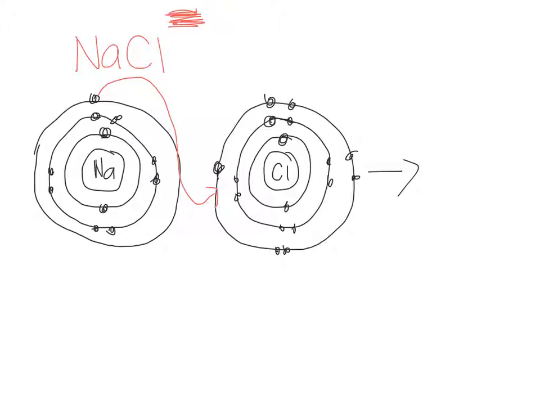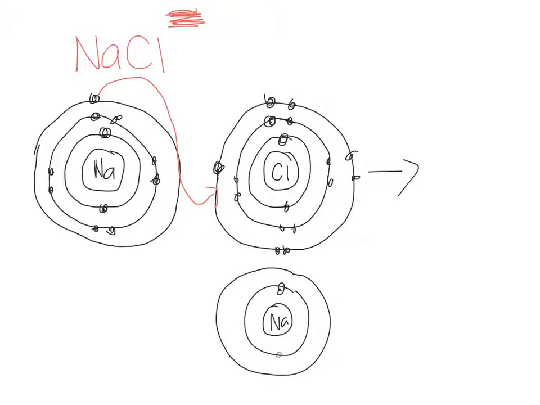Then that means that your sodium now is missing one electron, and it's an ion. You have to put square brackets around the Bohr diagram and put the charge. So it's positive because it lost one, and it's a 1 plus because it was one electron transferred.